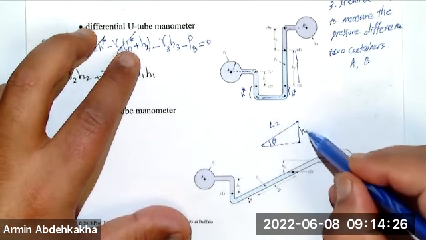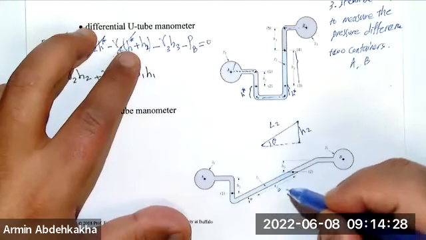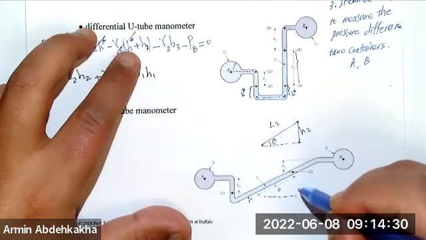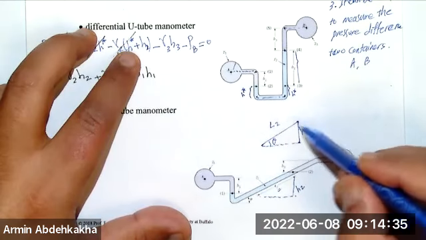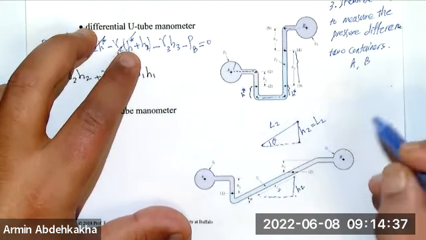That's going to be H2, right? From here is our H2, which is L2 sine theta.